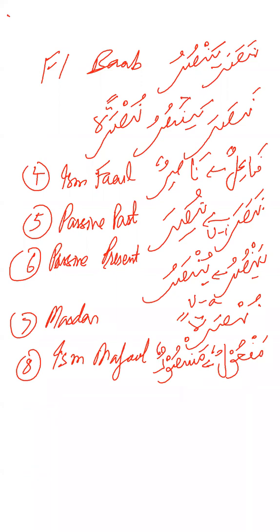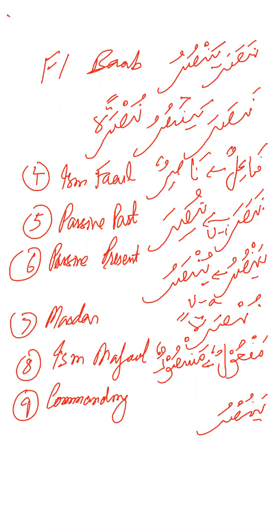Okay. For commanding, we will take Yansuru. Second person will be Tansuru. Then we will make it lightest, Tansur.